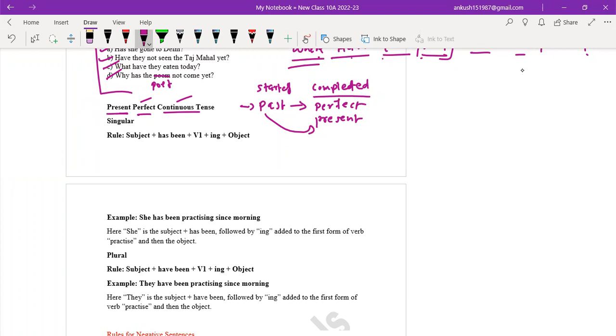Suppose I started something yesterday and today it is completed to some extent, and there are also chances it will continue, or the action is still continuing in the present. So definitely I would be using the present perfect continuous tense. It means there are chances to be continued. Did you get it? The action would be in continued form.